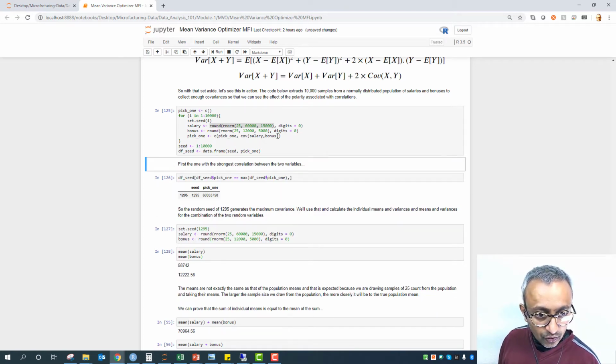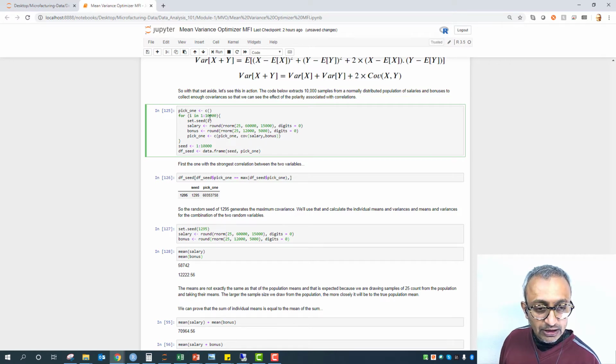So for 10,000 times, I'm changing the seed from 1 to 10,000, running this 10,000 times, and calculating the covariance between salary and bonus.